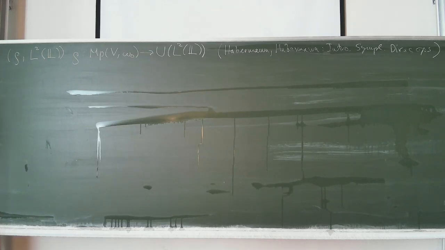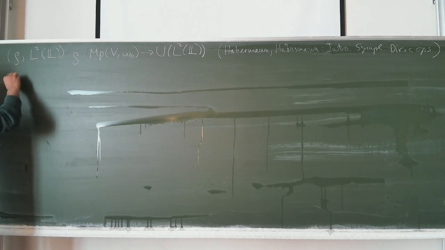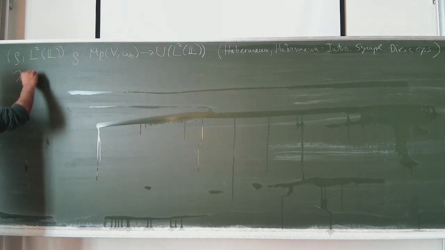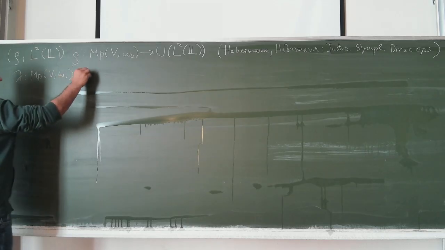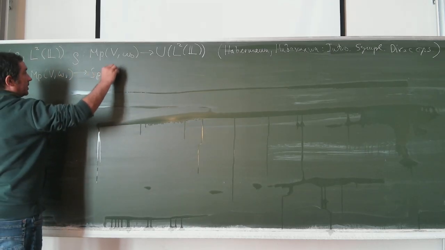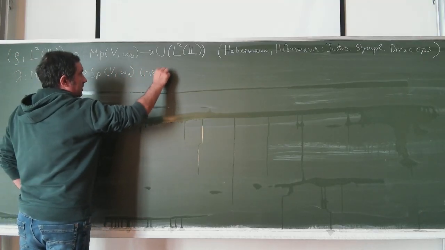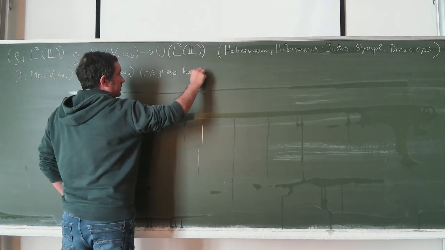The complex will be introduced as an associated complex. So first we have such a map, which is a homomorphism of Lie groups.